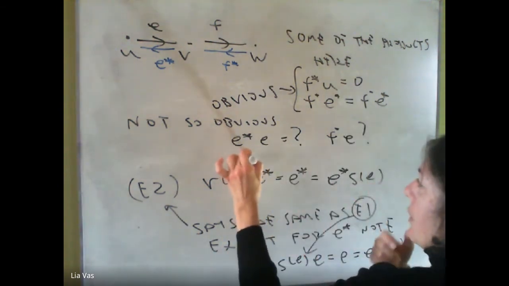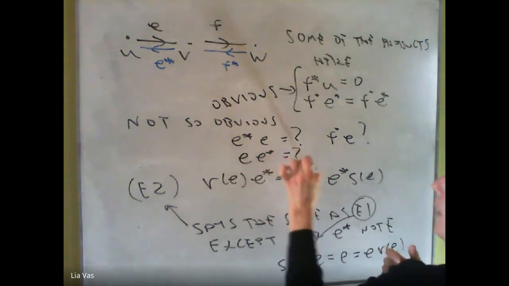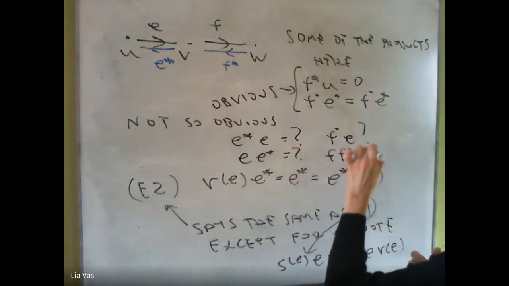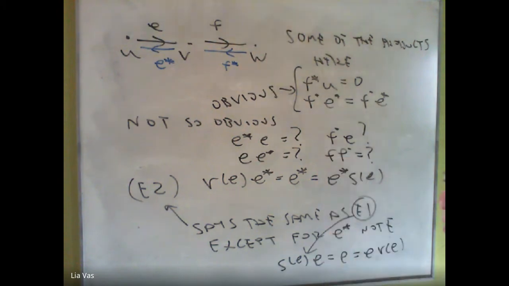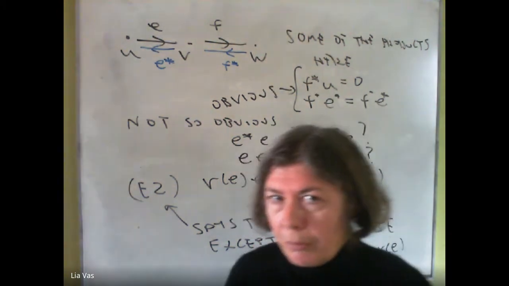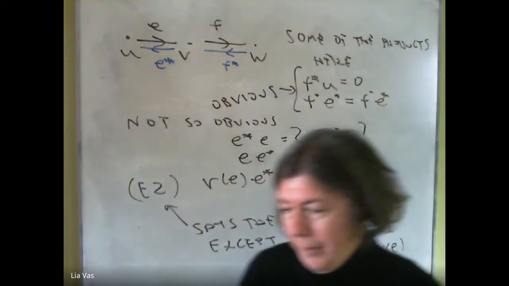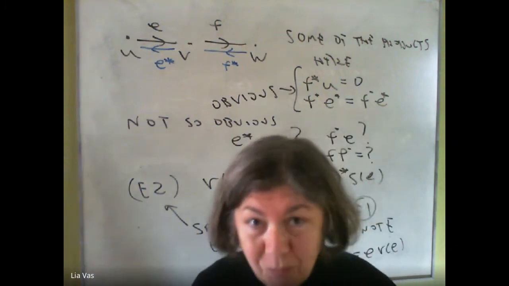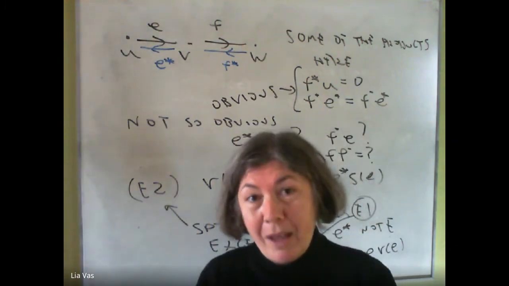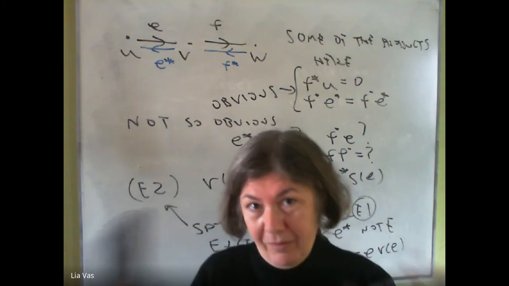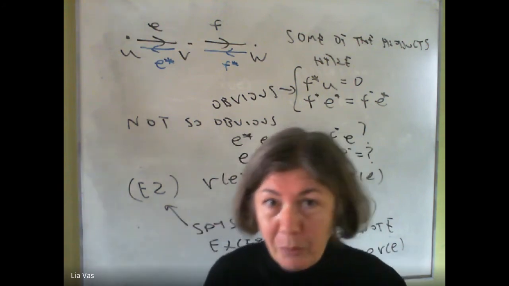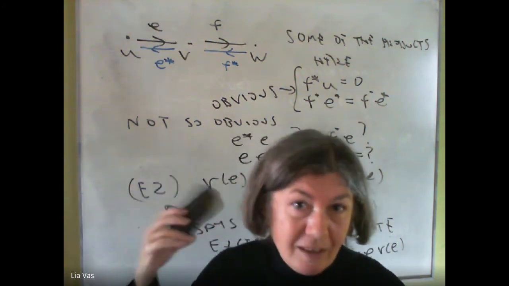And here you can also ask what is E star here and what is F star here. So all these products right now, we are not exactly sure what they are. That's why we need more axioms, so that for each graph algebra that we are about to make, we specify what things like these are.